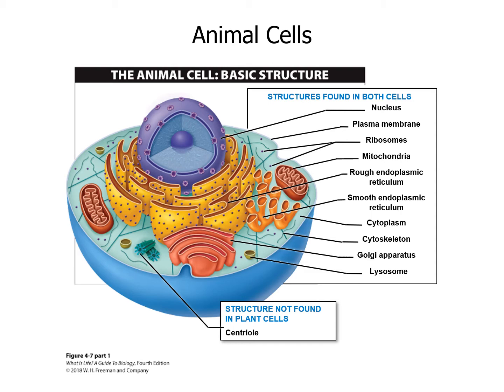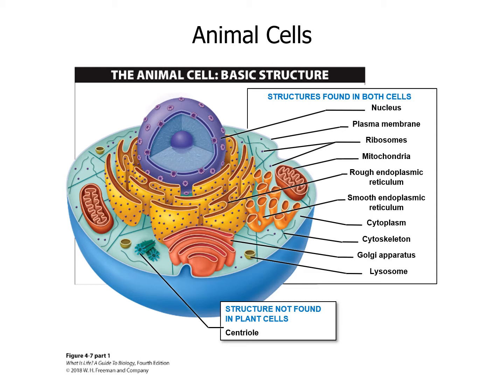Next up, just outside of the nucleus, we're going to have the rough endoplasmic reticulum. Now, the rough endoplasmic reticulum has ribosomes studded into the walls of it, and that is going to be the difference between the rough endoplasmic reticulum and the smooth endoplasmic reticulum, which in this illustration kind of looks like coral, but you'll notice that it does not have ribosomes attached to it.